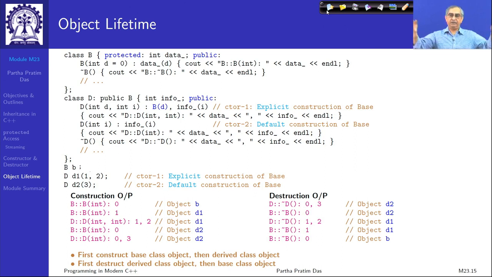Everything else is an extension of that. You can have further derivations, you can have hybrid inheritance, you can have multi-level inheritance, you can have various contexts in which these objects are placed. They could be automatic, they could be static, they could be constant, non-constant, everything else you can work out based on your earlier knowledge, but this is the core of how objects get constructed and destructed if they are on a hierarchy.